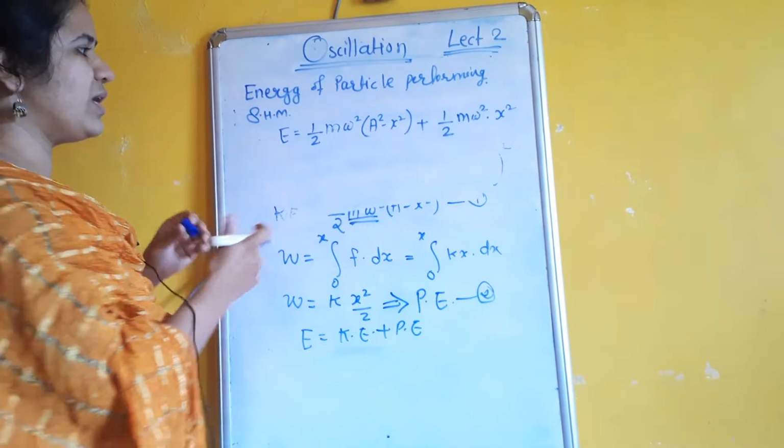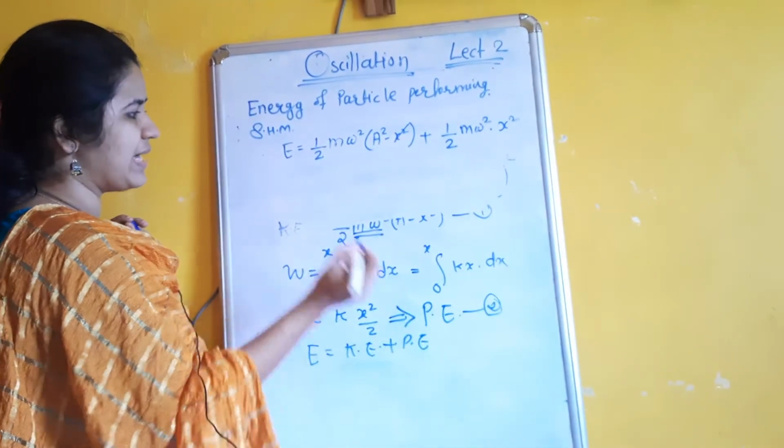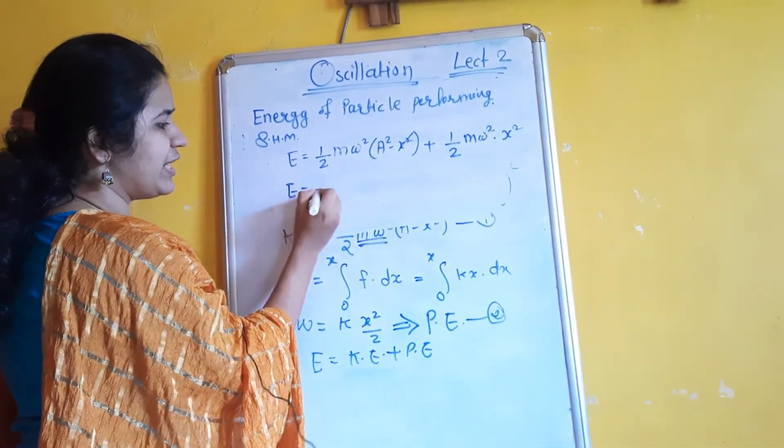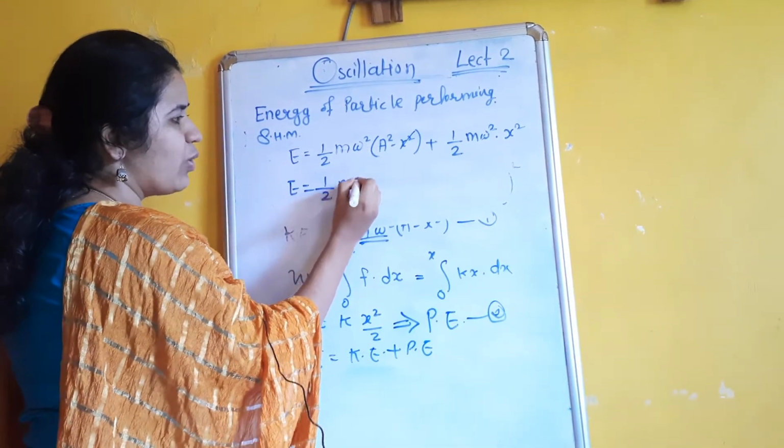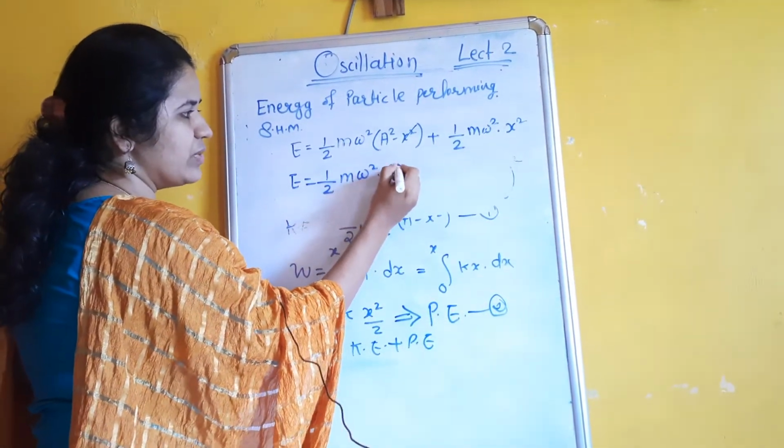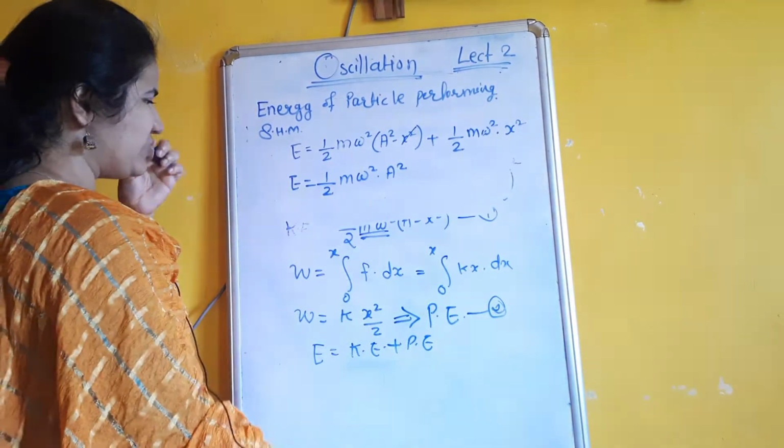The x square terms cancel, and we get the total energy as half m omega square a square.